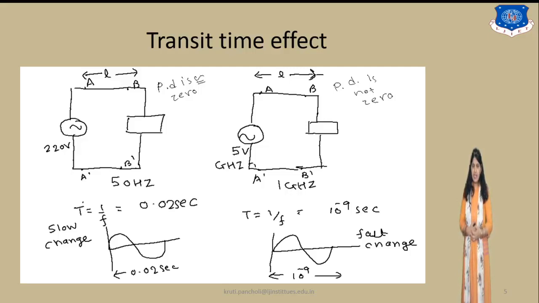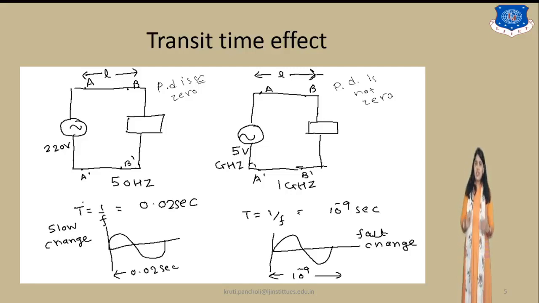In the second diagram, for the high frequency, the source is connected and the signal is to be transferred from point AA dash to point BB dash. Here T is equal to 1 upon F, so if the frequency is 1 gigahertz, T is 10 raised to minus 9 second, which is a very fast change.